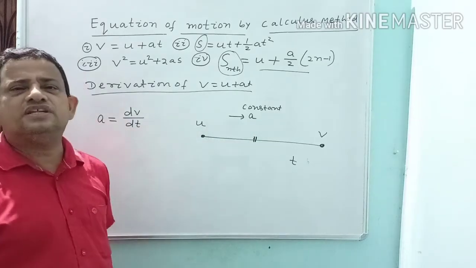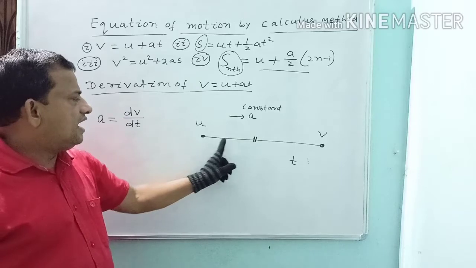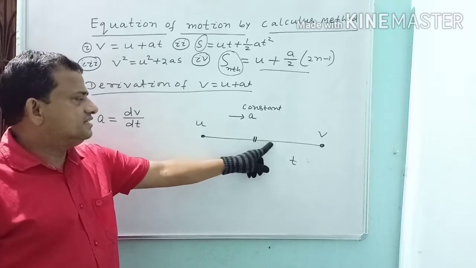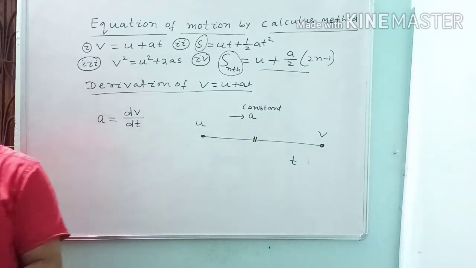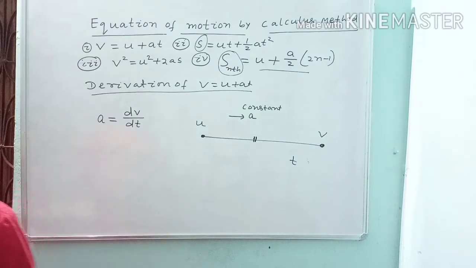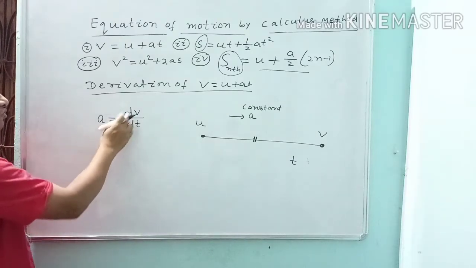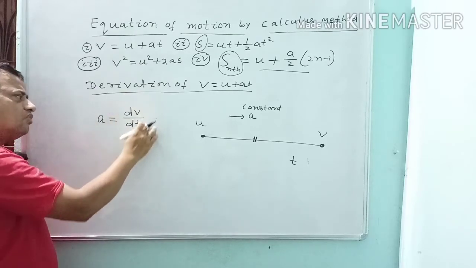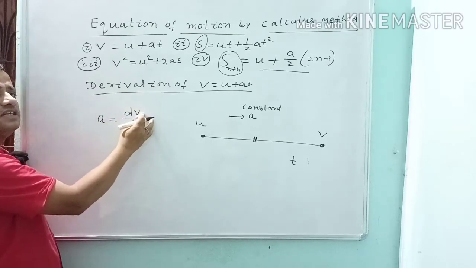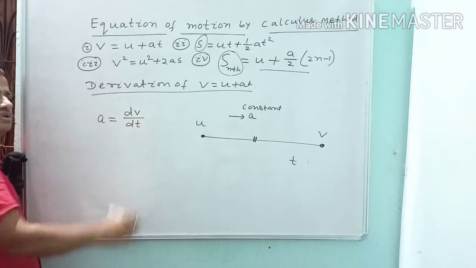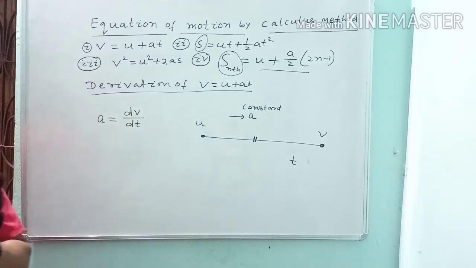Instantaneous acceleration means the acceleration at any point, and you know A is equal to dv by dt. This is calculus: differentiation of v with respect to time. V is the velocity, t is the time.